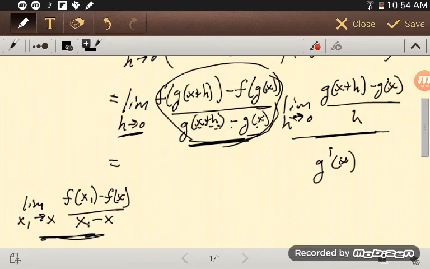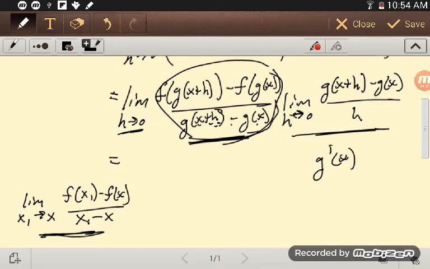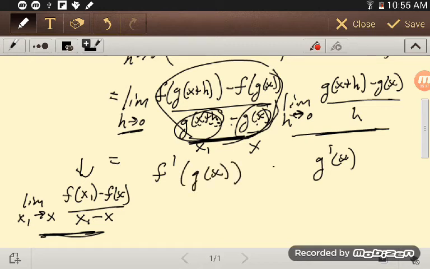If you think of this as x1 and that as x, then we have the situation right here. And so this limit on the left is just f prime of g of x, times that g prime of x.